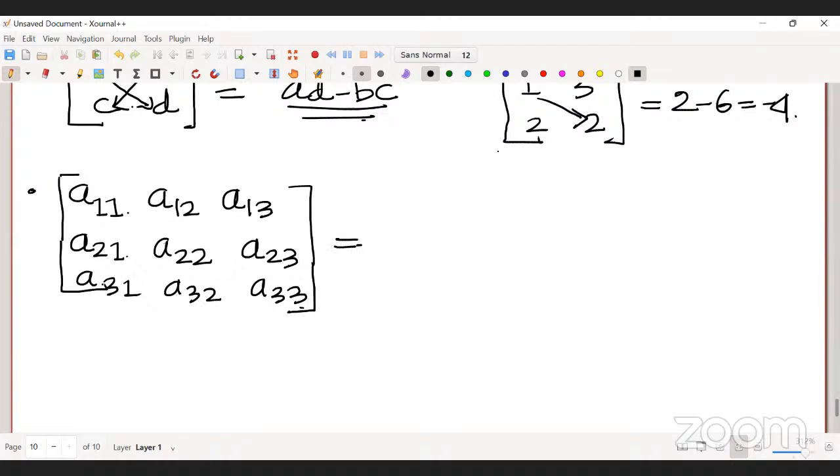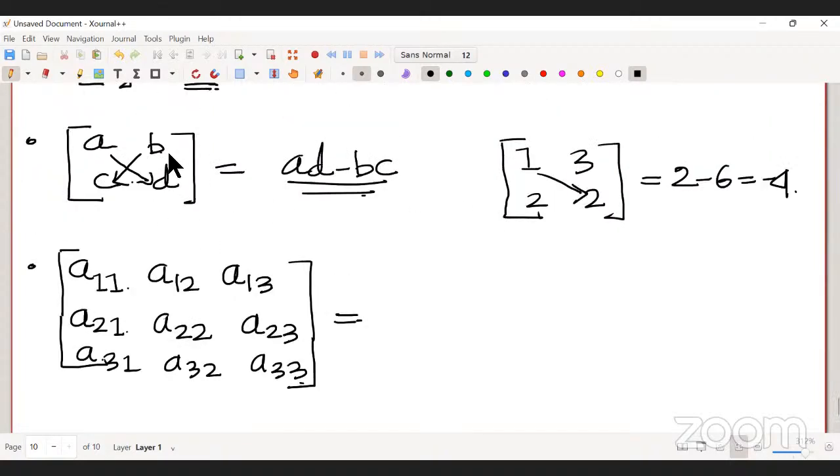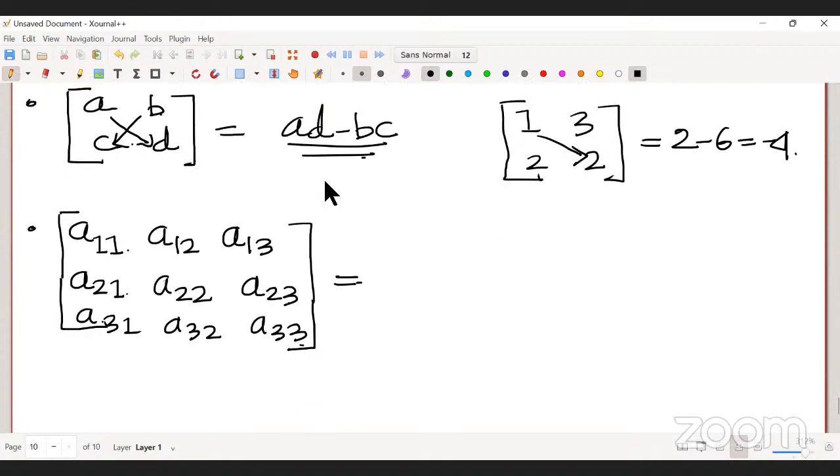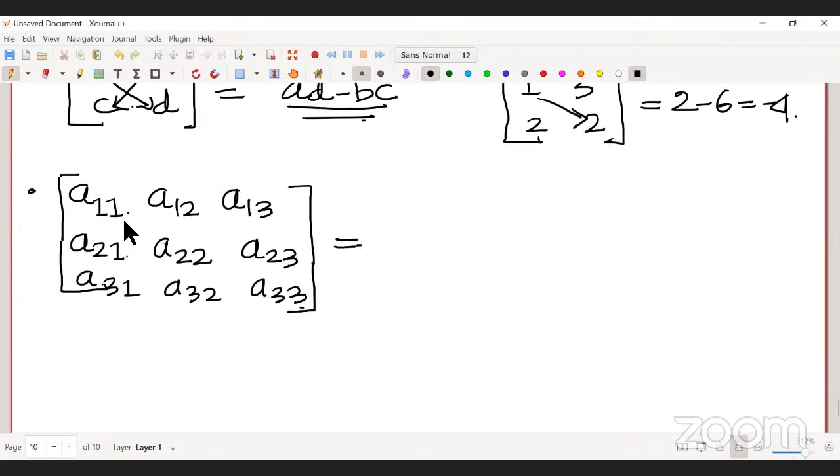So how do we define it? You don't have to remember the determinant of every order: once you remember the determinant of a 2 cross 2 matrix, you don't have to remember the determinant of any matrix of higher order. What you have to do is take a11 and multiply it with the determinant of this 2 cross 2 matrix.